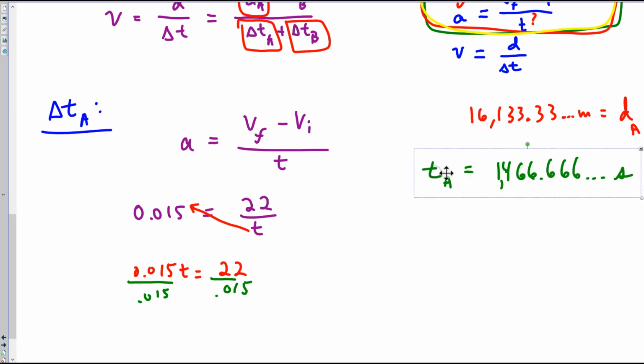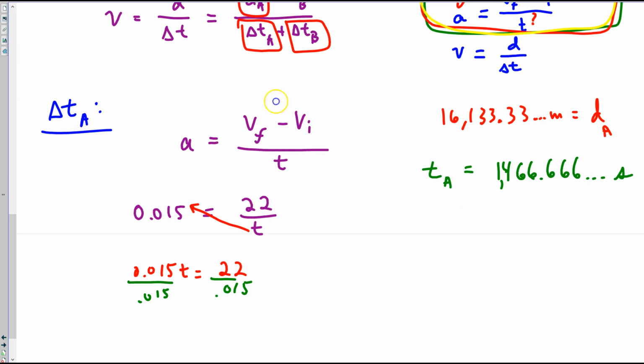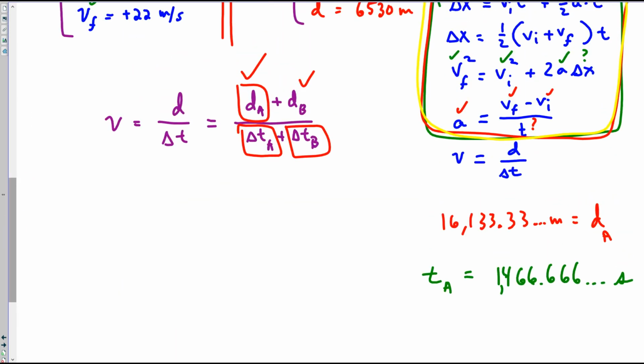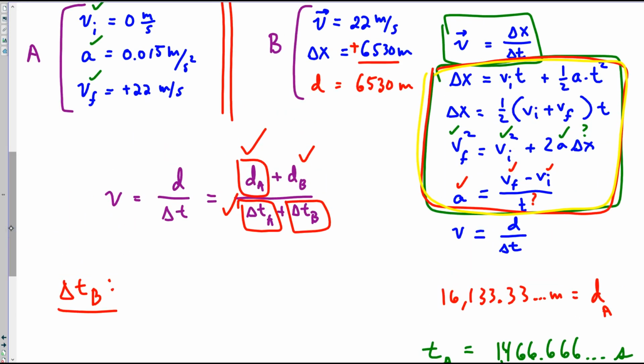We know the time from segment A. We know the distance from segment A. What's next? Let me look at my speed equation. I know time in A. Now let's find the time in segment B. Okay, what do I know in B?